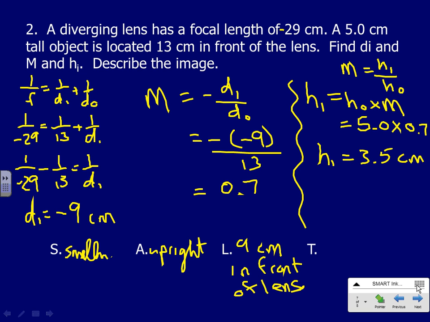And putting that in front tells us that it's this particular type. What type is it? No, it's not real. No, try again. Yeah, virtual. Why? Because it's in front of the lens and the DI is negative, and I don't know what other evidence you need there, Megan, in order to get virtual out of that. Anyway, okay.